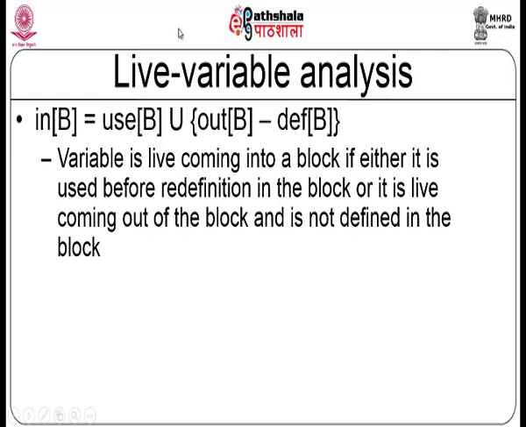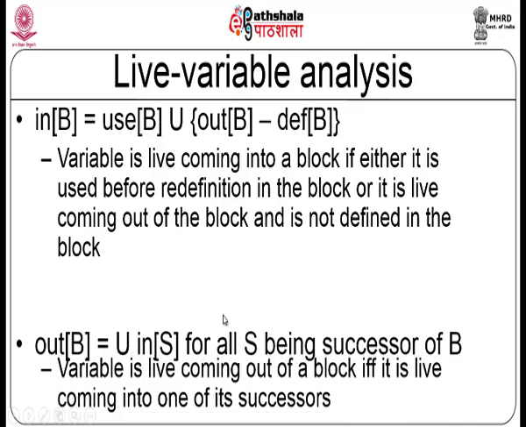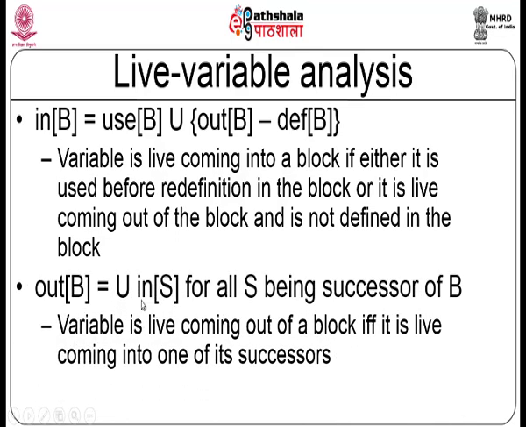Okay, that is your in of B. If it is not defined in the block and it is live coming out of the block, that is what we call it, and use is that it is being used before redefinition in this particular block itself. And out of B will be union of in of S, for all S being successor of B. So union of in of S for S being successor of B, that is going to be your out of B.